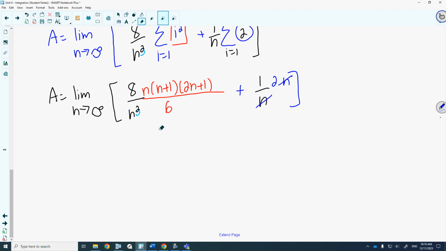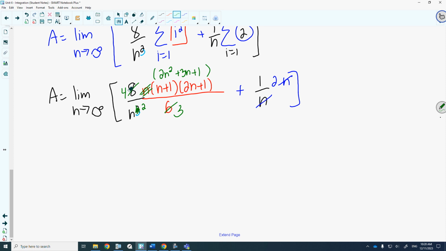So over here, what will I have? I've got 1 n in my numerator and 3 in my denominator. So let's cancel this, and we'll have n squared now in my denominator. I'm going to divide 6 by 2 and 8 by 2. Over here, I'm actually going to combine these two binomials to give me 2n squared plus n plus 2n, so plus 3n plus 1.